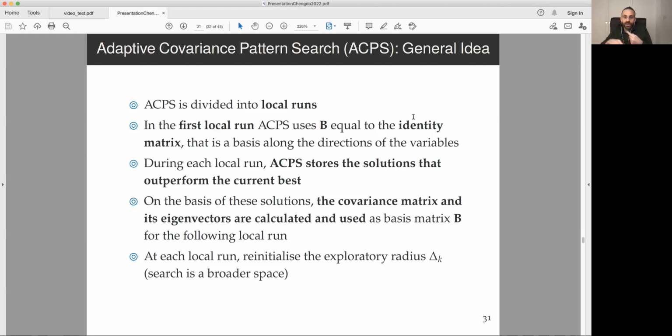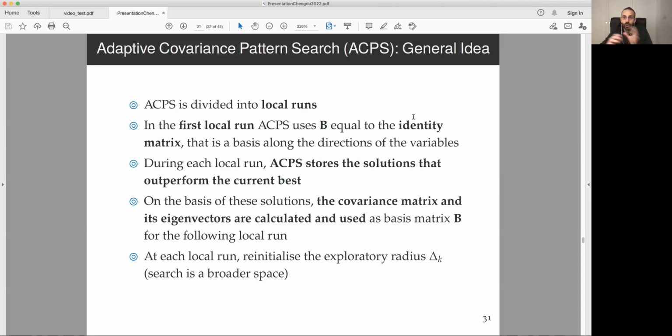Then, during each local run, ACPS stores the solutions that outperformed the current best. So instead of having a separate part where we are performing the fitness landscape analysis, we are collecting the data while we are optimizing. That's somehow the novelty in this case. On the basis of these solutions, we calculate the covariance matrix as before, and we calculate the eigenvectors.